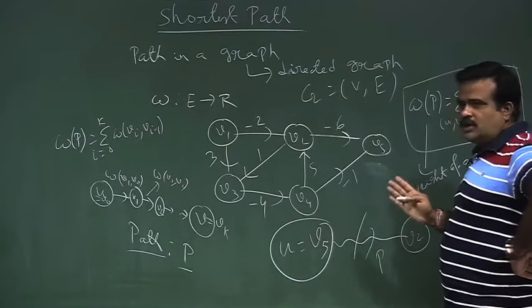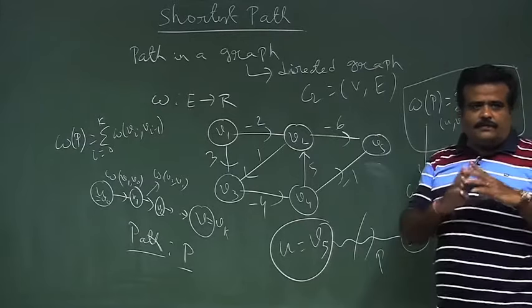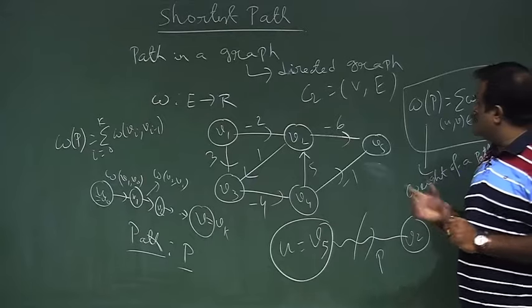So to have the shortest path, first of all we need a physical path from U to V. So what is the shortest path?